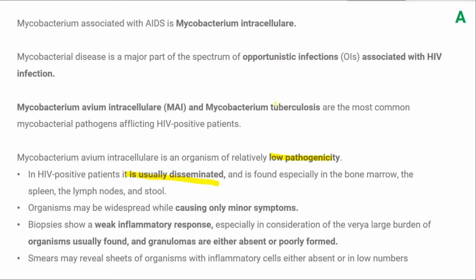However, the patient will not have a lot of symptoms. The symptoms will be mild, and even the typical granulomas and caseating necrosis we see in Mycobacterium tuberculosis will be a little less or subdued when it comes to this species, that is intracellulare.